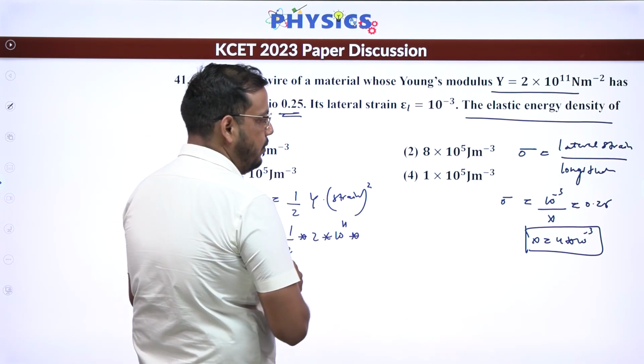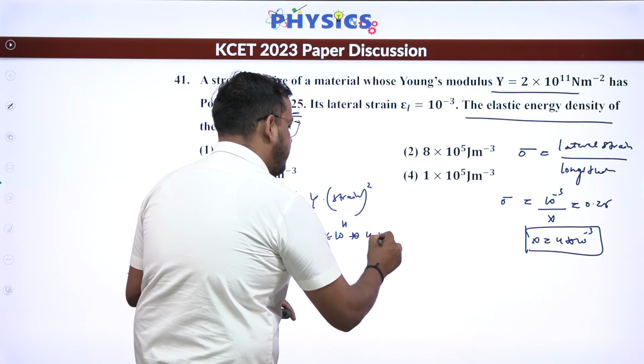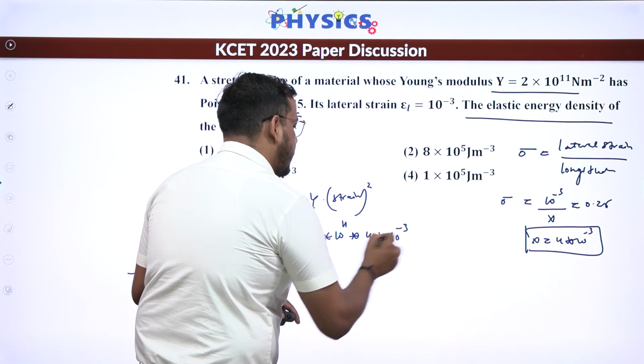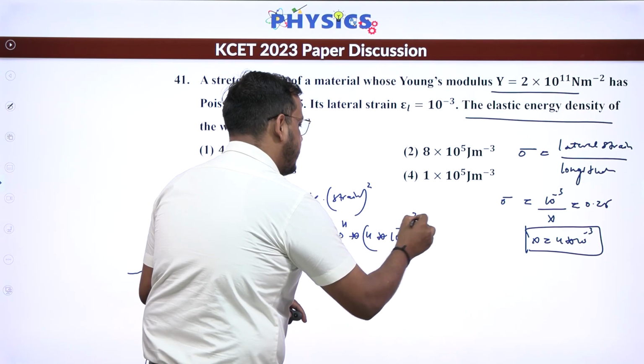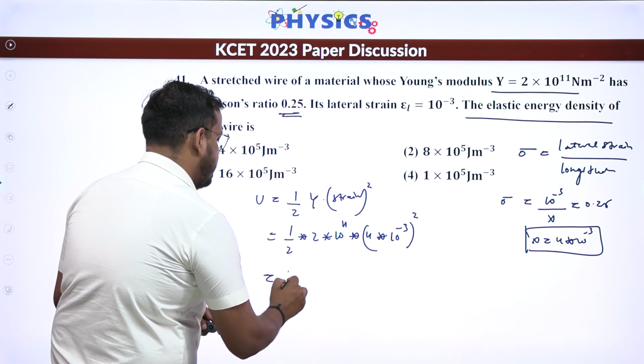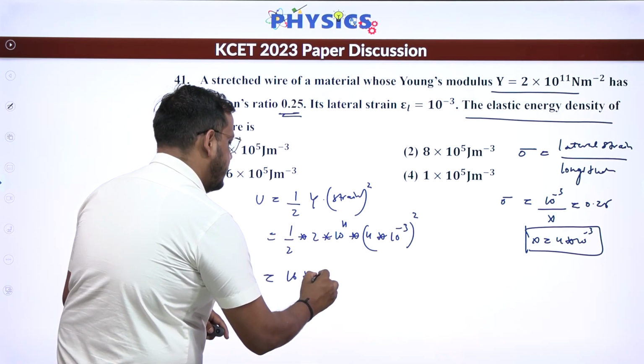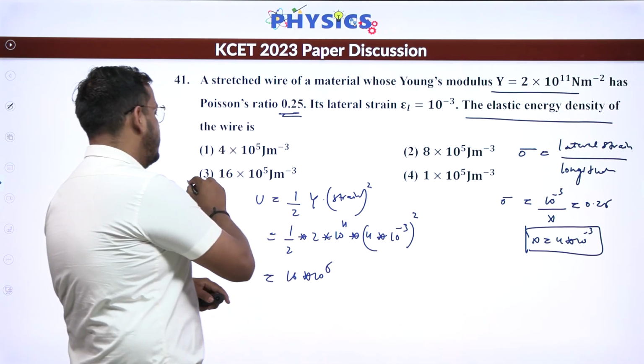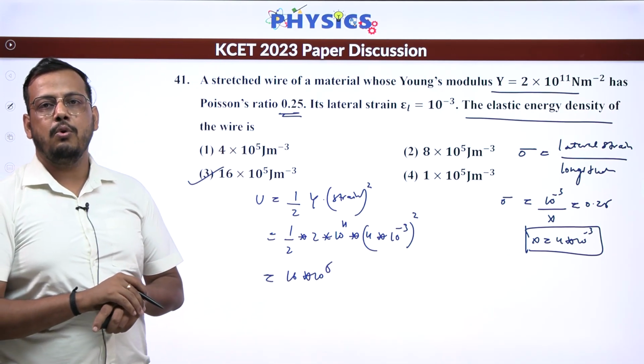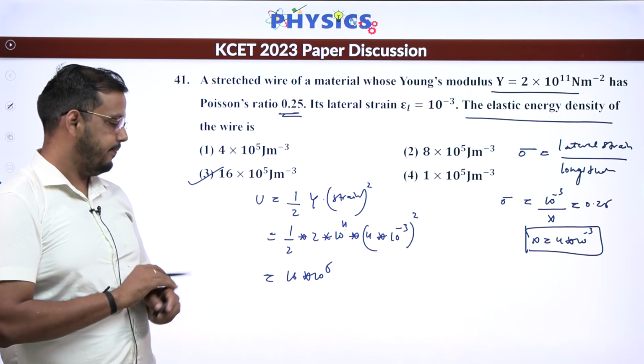Strain is 4 into 10 raised to power minus 3, whole square. So the answer will come out to be 16 into 10 raised to power 5 joule per meter cube. That is the answer for question number 41.